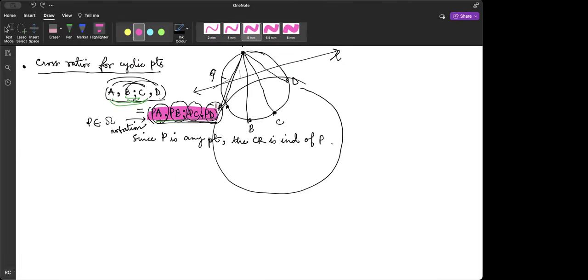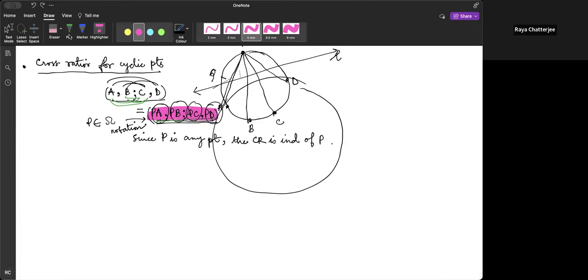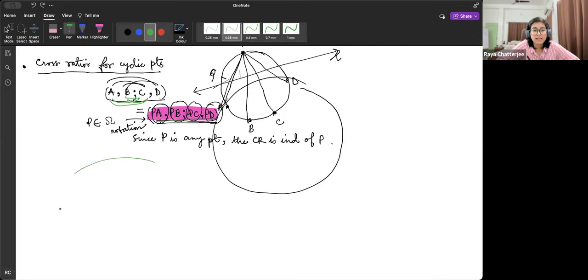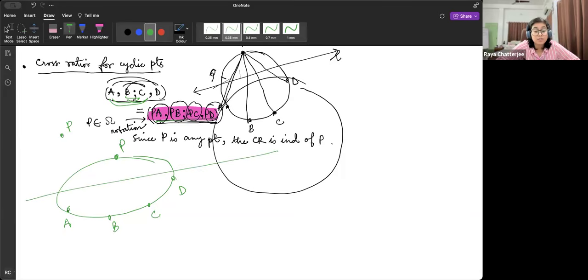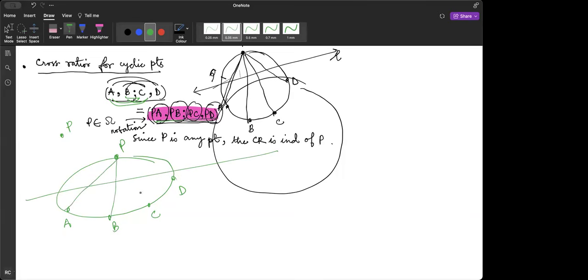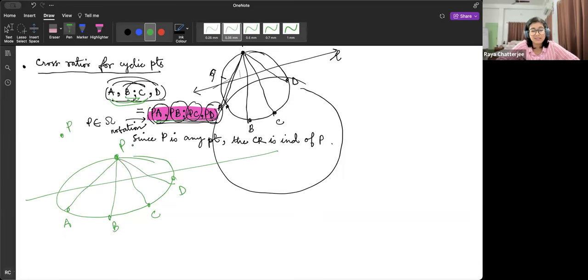Because if you take a transversal line, like the one we have here, you can still define the perspectivity. Say you have an ellipse and you have 4 points A, B, C, and D. You can still define the cross ratio for A, B, C, and D to be AC by CB over AD by DB. And if you take a point P outside or on the conic, and you take another line, then you can certainly project these ratios onto the line. But this will depend on the position of point P, right? Exactly. So that will be dependent on P. So the circle is a nice case that happens because of the arc angles.